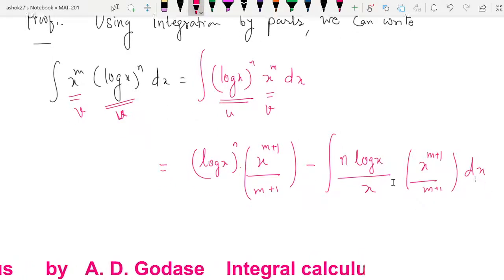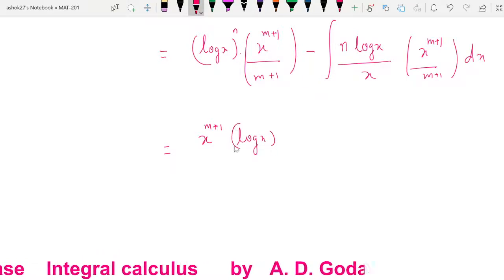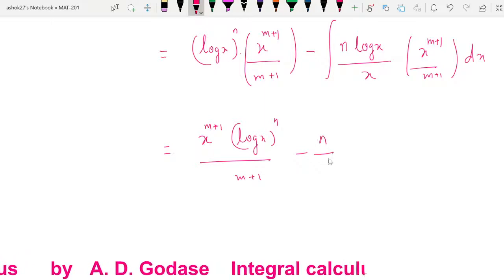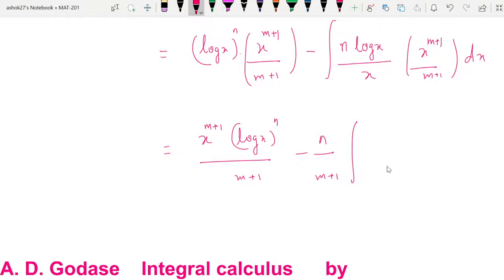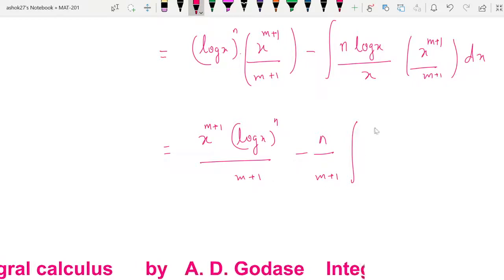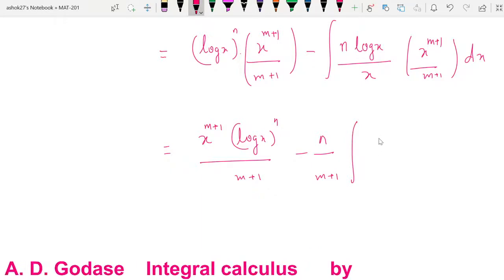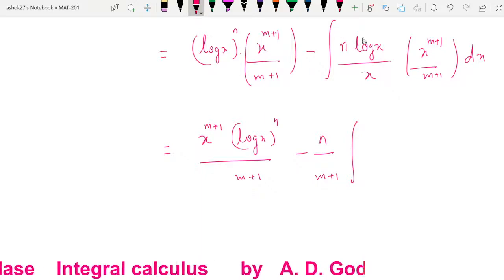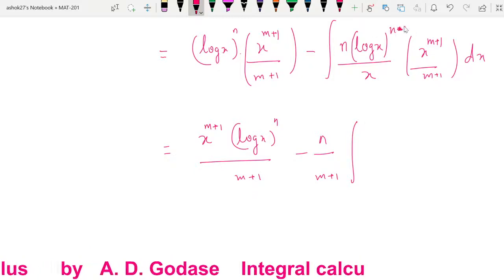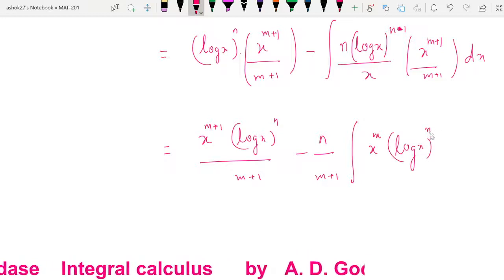You can simplify this and write it as x raised to m plus 1 into log x its power n whole divided by m plus 1, minus, taking n divided by m plus 1 outside of the integration, n divided by m plus 1 into the integration of x raised to m plus 1 divided by x, which cancels to x raised to m, into log x its power n minus 1 dx.